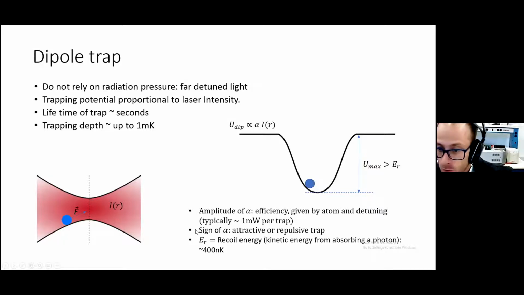And in this kind of trap, the residual energy has to do with the recoil energy. That is the kinetic energy that an atom acquires when it absorbs a photon. And the typical order for this recoil energy, expressed again in terms of temperature, is on the order of 400 nanokelvin. So these dipole traps have to be deeper than a few hundred nanokelvin.